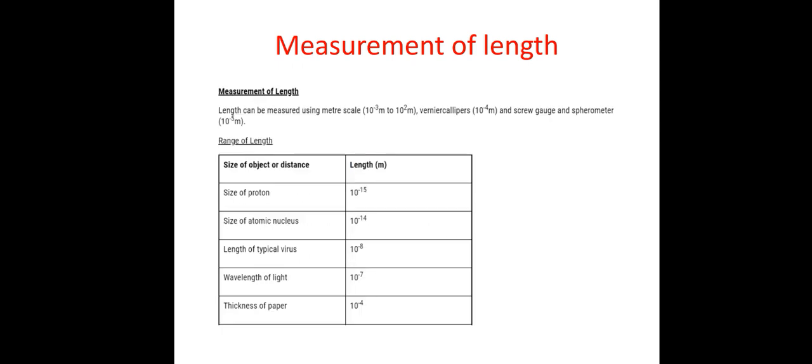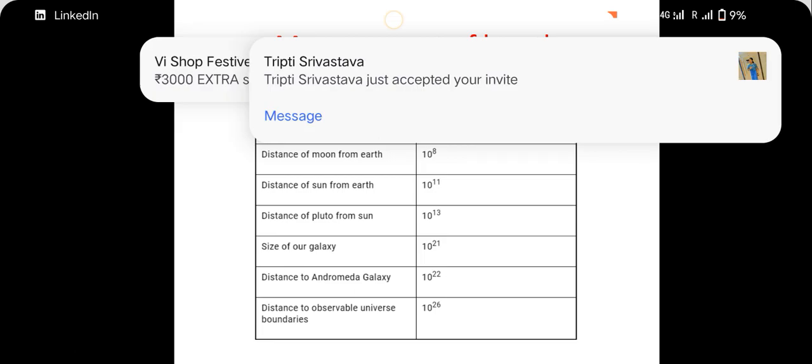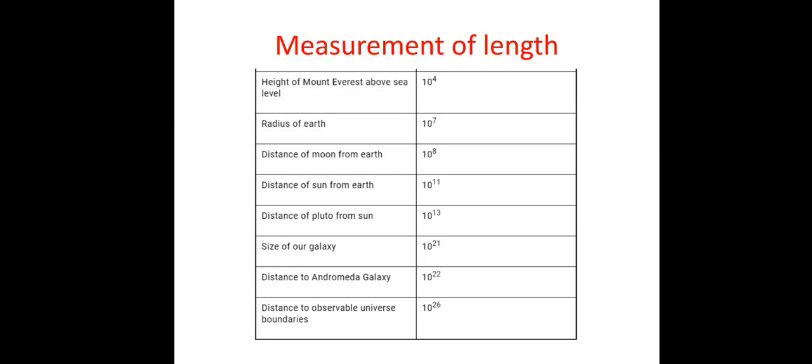Earlier, these were small lengths, and these are long lengths or long distances. You can see over here the distance to the observable universe boundary is 10 to the power 26.